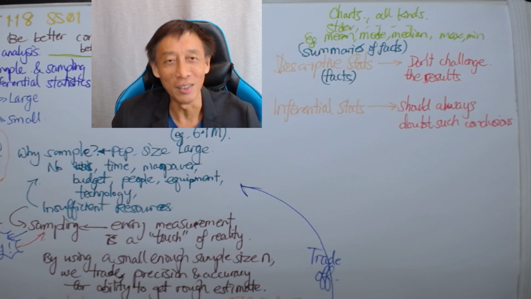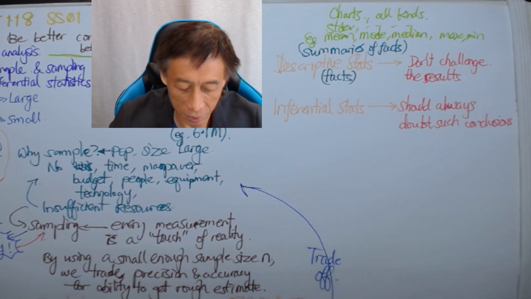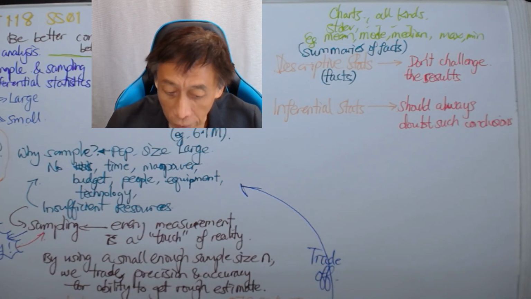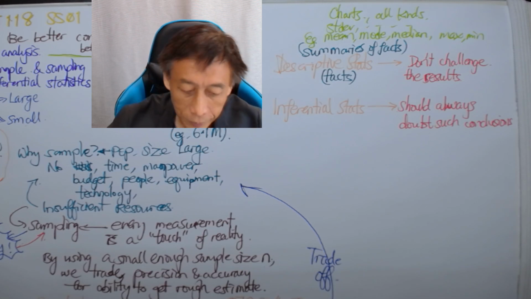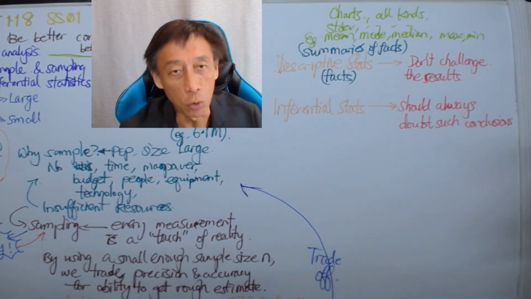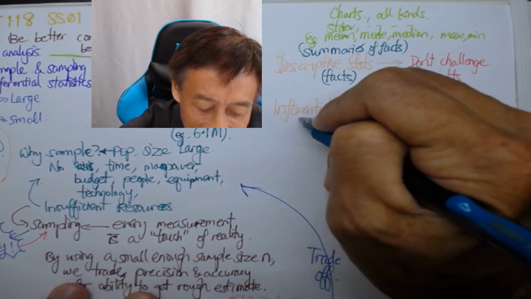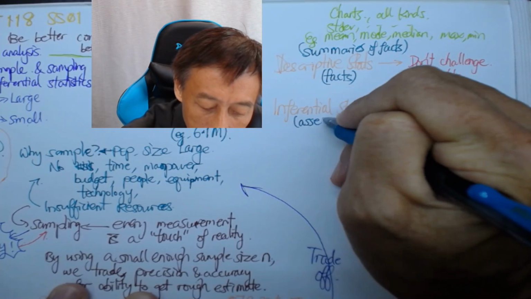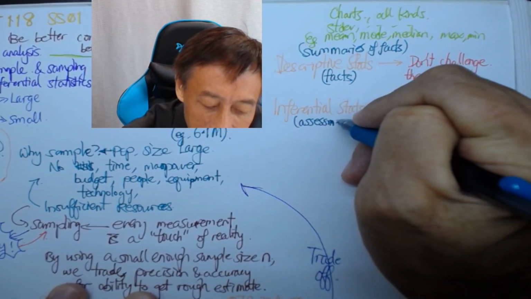Spend your time, however, scrutinizing, examining the inferential stats, right? So here, inferential stats, okay, obviously they're not going to be facts. They are going to be assessments. Assessments are subjective.